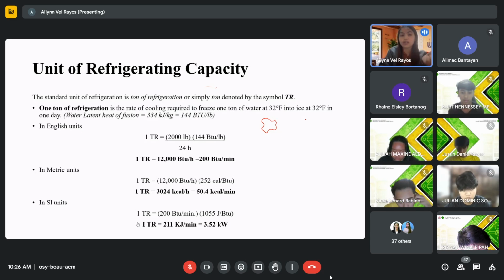Okay. So meron tayong latent heat of fusion and latent heat of vaporization. But in this case, latent heat of fusion or latent heat of freezing of water ang gagamitin natin. So that is the amount of heat.